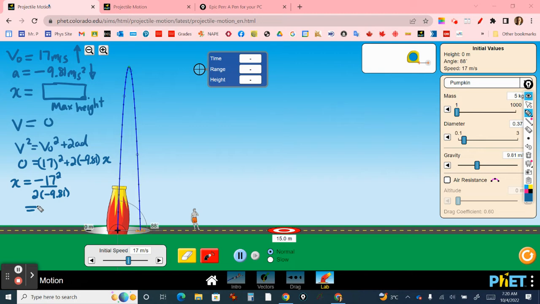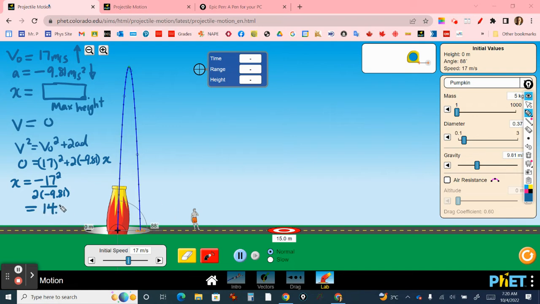So we have 17 squared divided by 2 times 9.81, and we get 14.7, which is what the simulation also gave us.